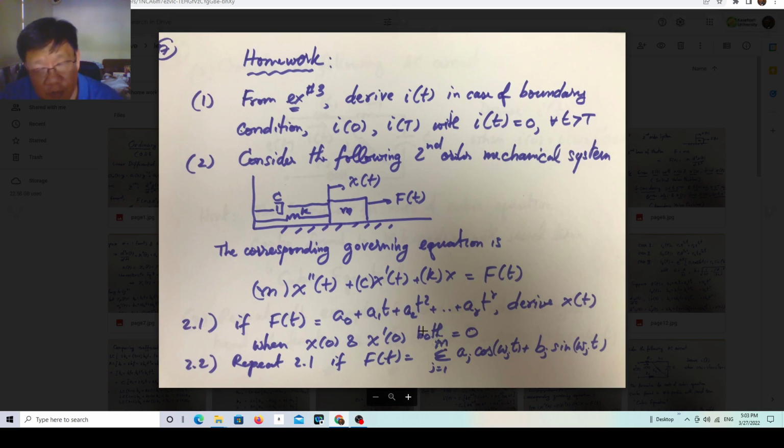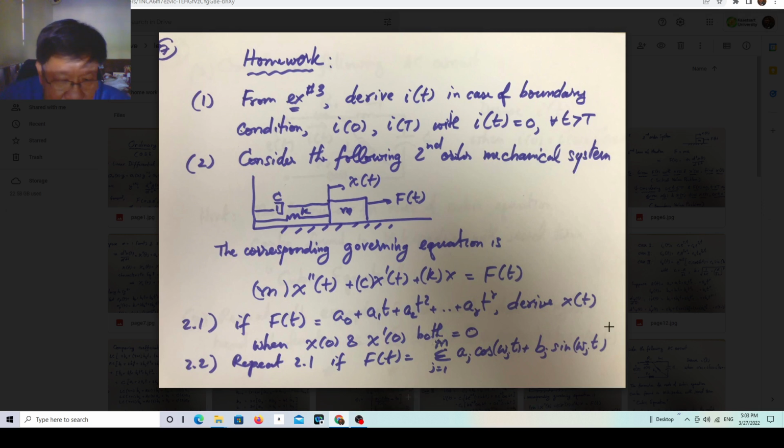So we want to go back, review the third example again, and try to derive the general solution here. And to make things a little more challenging for you, because the input function, the right hand side function, in all cases so far has been a polynomial of order r.